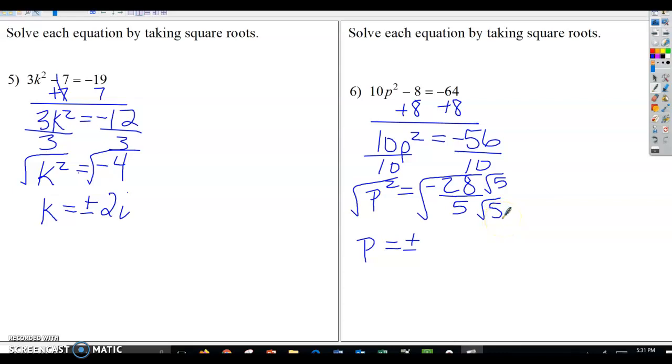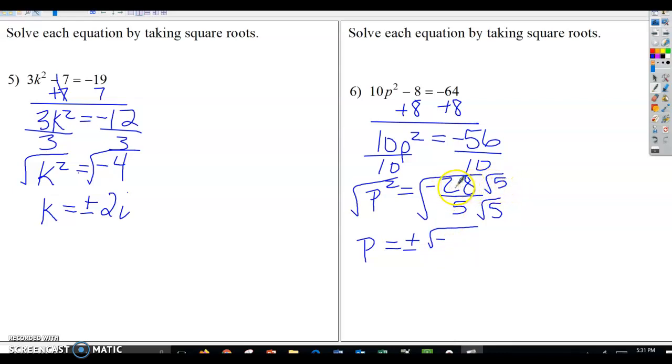All right, so I'm going to have square root of negative. Okay, so when I do this in my head, I'm doing negative 28 times 5.